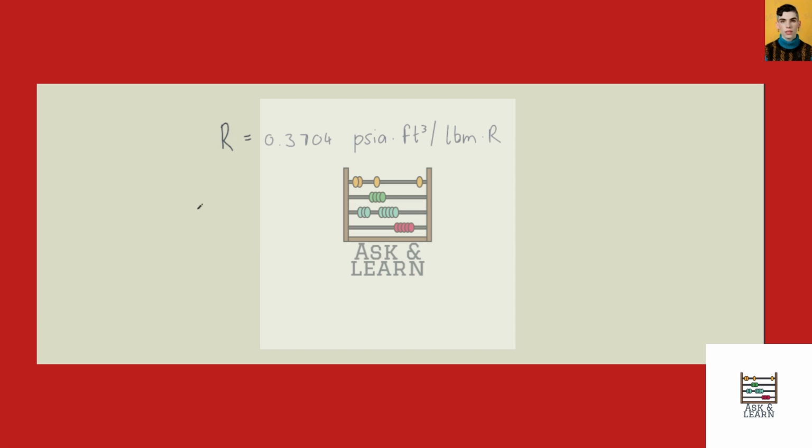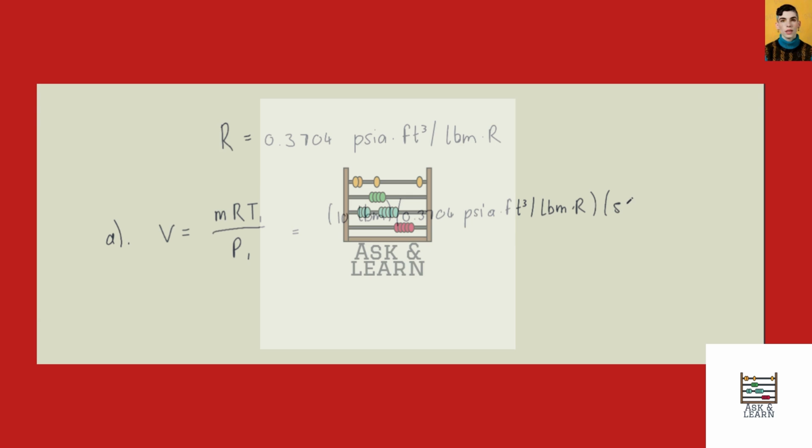So for part A, we wish to calculate the volume of the tank. Now we know that V is simply mRT1 over P1, where T1 is the temperature of state 1 and P1 is its pressure. These values are all known. So if we substitute them in, we get 10 pounds times R, which is, as above, 0.3704 psi cubic feet per pound mass R, times T1.